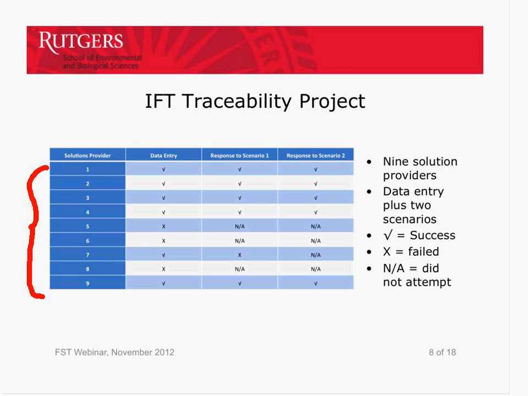And I will also mention that the traceability space is obviously a really important space to the food industry. There's a whole lot of interest around traceability, and in fact, the space is constantly changing. And so of the 9 companies that volunteered 2 years ago to be part of this project, the mix of companies that are available in this space has changed significantly since then.